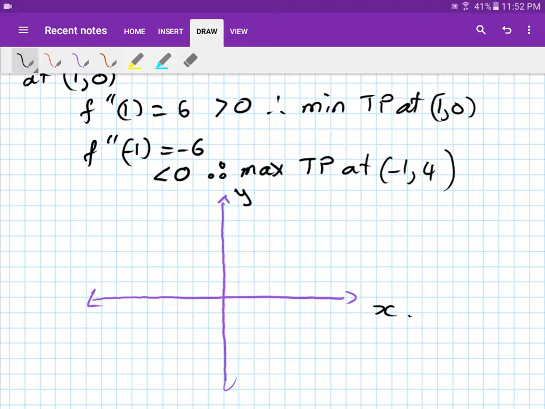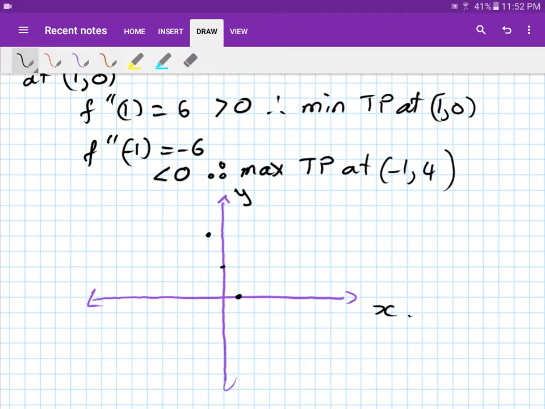Let's say (1, 0) is here. Now the (negative 1, 4) is up here somewhere. 1, 2, 3, 4. Let's make it here. Now this is the minimum turning point, and the y-intercept is 2, so cut through this. Now the graph is just minimum, it goes like this, and it goes up and turns. So we cut the x-axis.